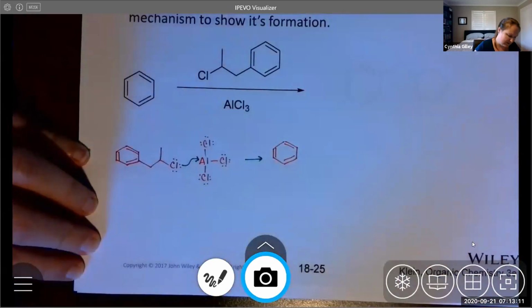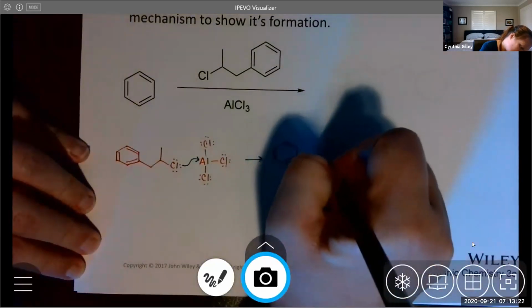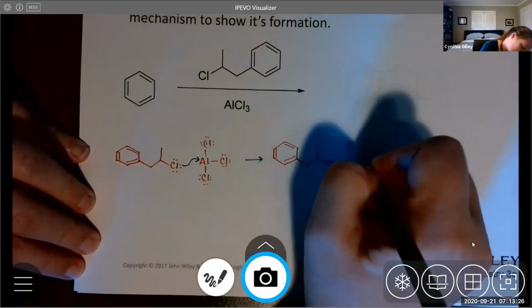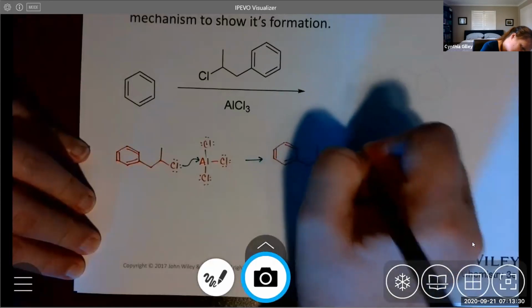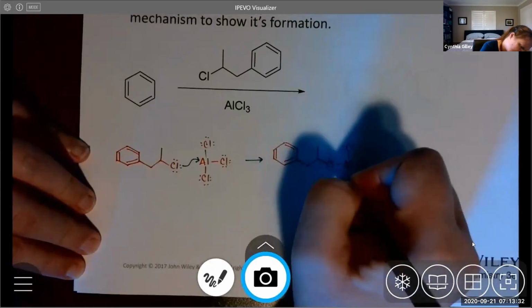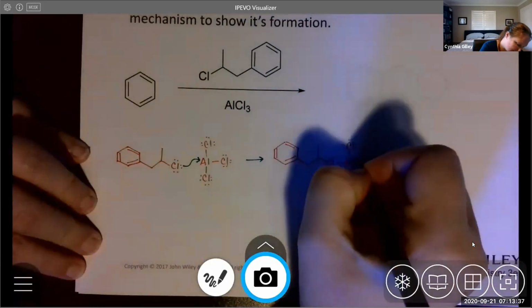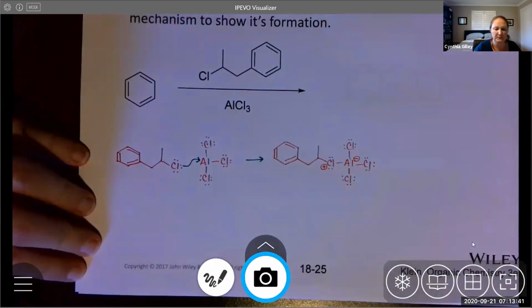And at any point, if you get tired of drawing out this aromatic ring, you could just use an abbreviation like Ph or phenyl or something, okay? So we have the formation of the complex. Don't forget to draw in all the lone pairs and the formal positive and negative charge. So the formal negative charge is on the aluminum, the formal positive charge is on the chlorine.